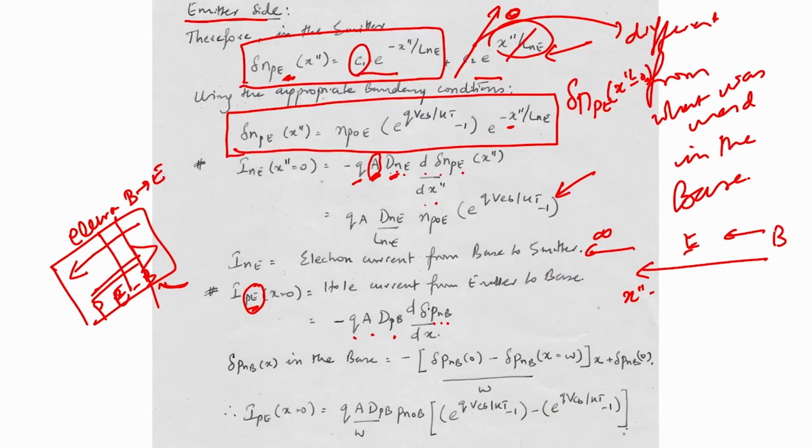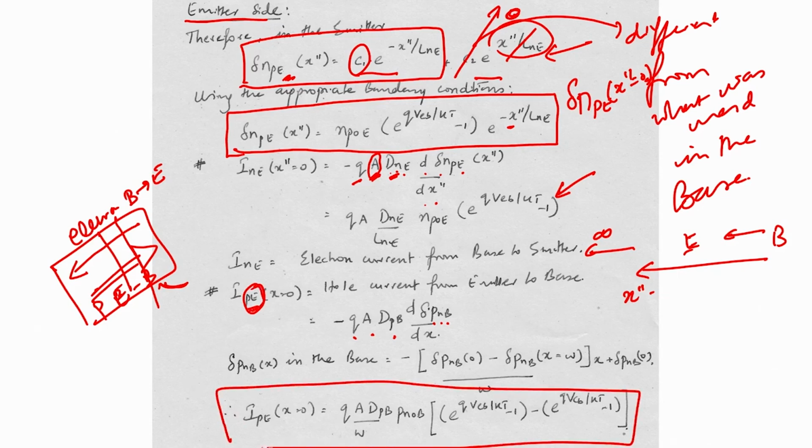Now, we find that the current due to the holes from the emitter is given by this particular expression, okay.